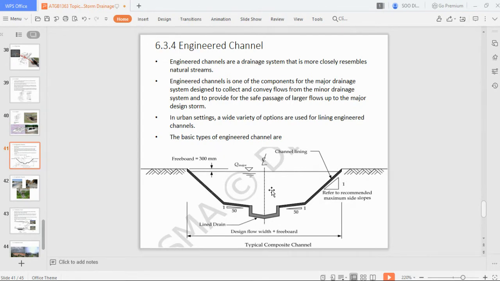So that's why this engineered channel is designed in such a way that during high tides or during a season where there's a lot of very high rain, where the drain can be filled up to here, this level, it will still be able to function.